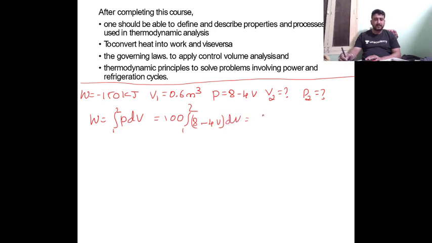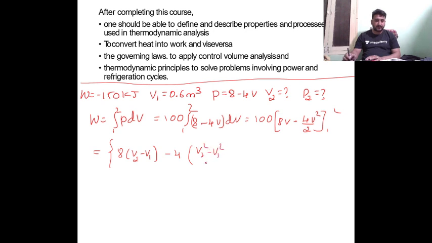If you integrate this, you will get 100 times 8V minus 4V square by 2, from 1 to 2. So this becomes 8(V2 minus V1) minus 4(V2 square minus V1 square) divided by 2, into 100.